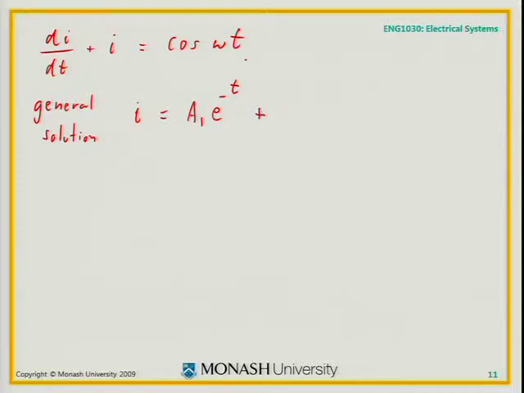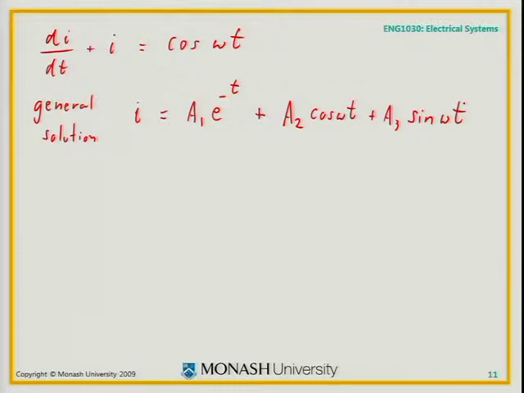And then if I have a sinusoidal driving function, the steady state solution will be another sinusoid. But it could have a different amplitude and phase, so I can do that by putting A2 cos omega t plus A3 sin omega t.